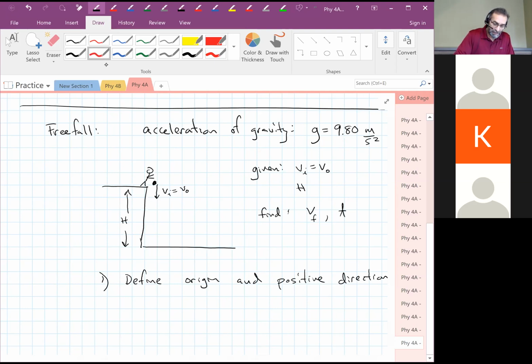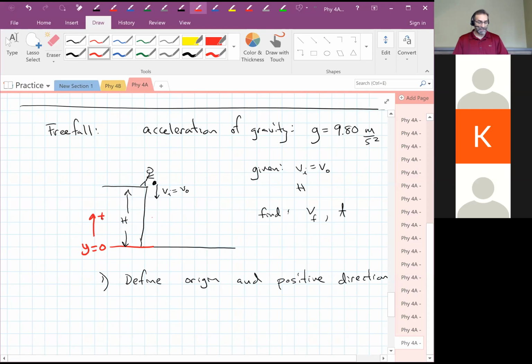If you want your origin to be halfway up the cliff, that's fine. Most of us would probably pick the lowest point in the problem for our origin. So that's what I'm going to do here. I'm going to say that this is my y equals 0. And you can pick any direction you want to be positive. Up, down, doesn't matter. I'm going to pick up to be positive since that's probably what you would do.